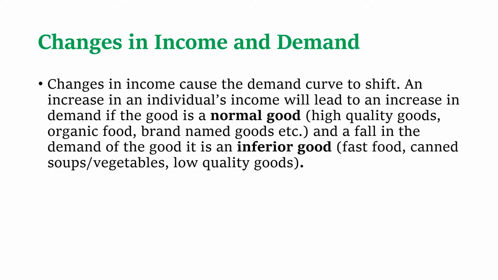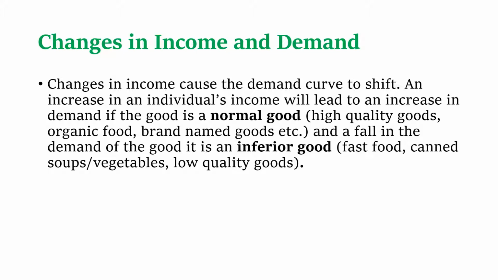But if the income of the consumer increases, assuming all else remains the same, we expect the consumer to buy more organic food. The consumer will start to cook in the house. So the demand for the good will increase for normal goods. Normal goods are goods for which the demand increases as the income of the consumer increases. Inferior goods are goods for which the demand falls as the income of the consumer increases.